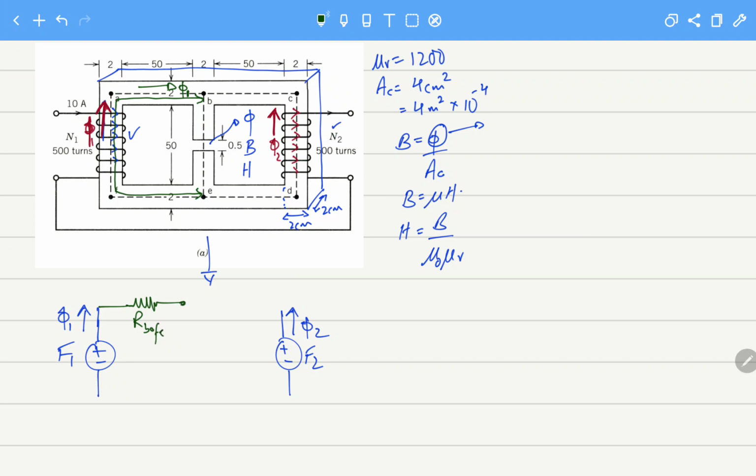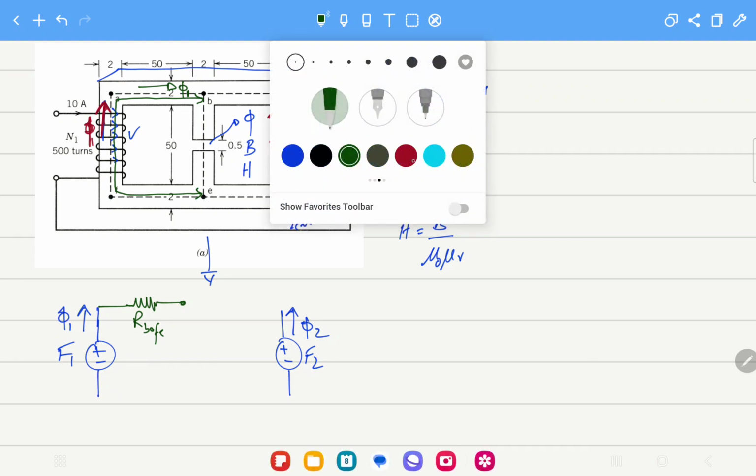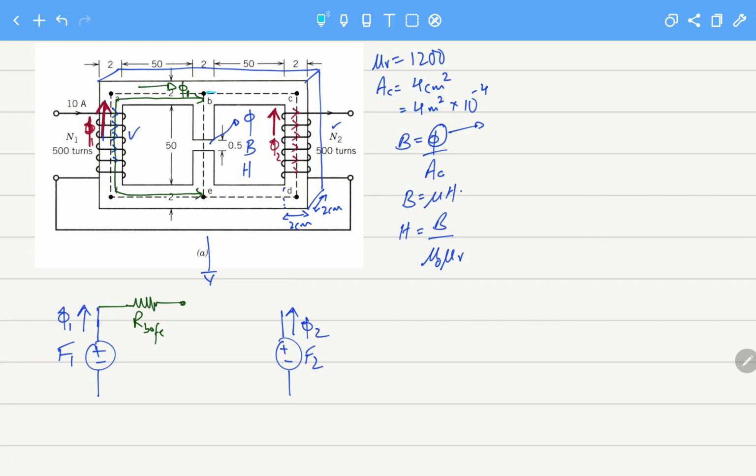Similarly, when we look at the source F2, from there also we have a reluctance, and I'll change the color and show you with this, from here to here to here. So here again we will have B, C, D, E. This is another flux for this coil.